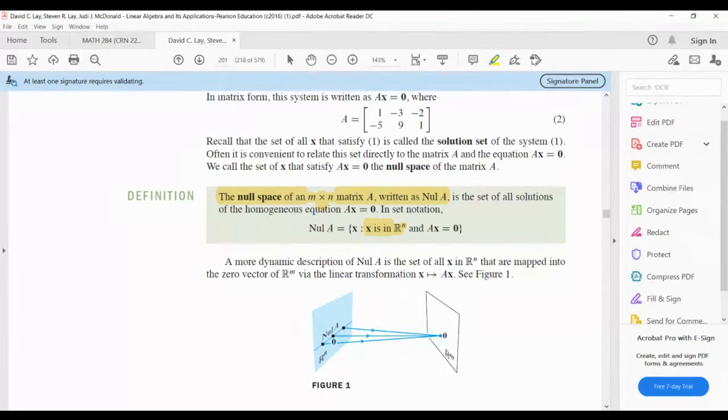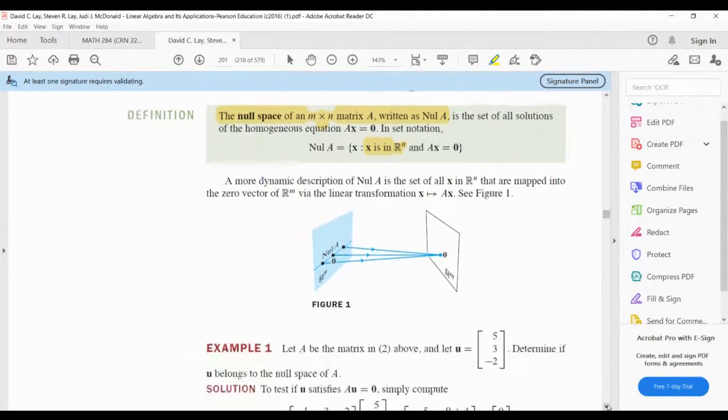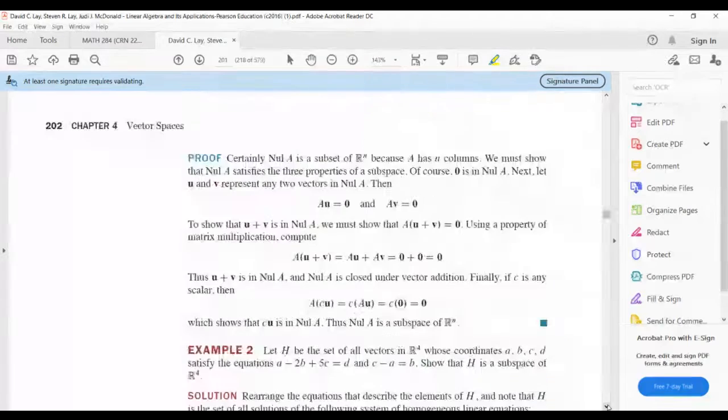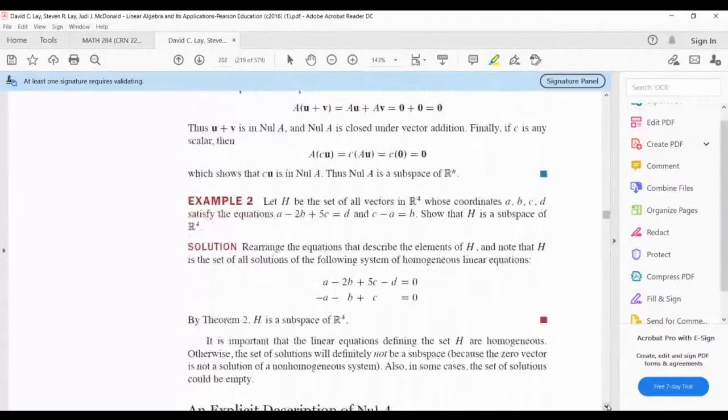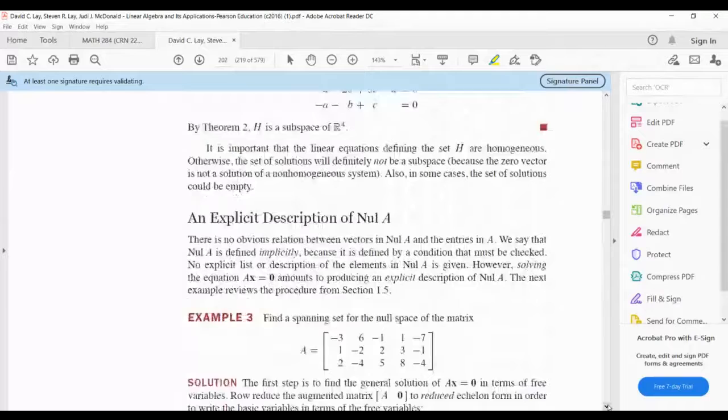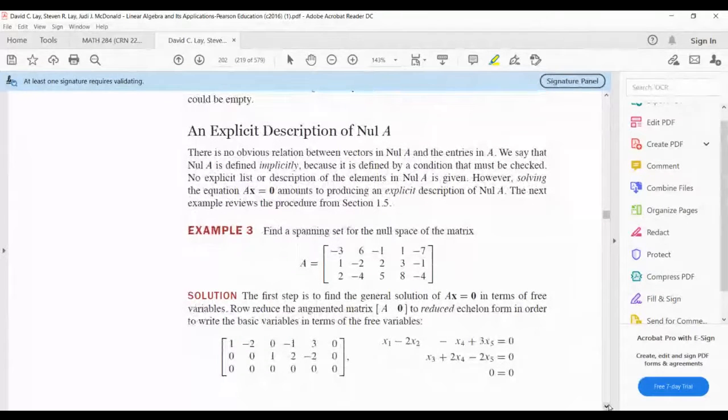Well, let's move on. Here is an explicit description of the null space of A. Here they say find a spanning set. This is example 3. Find a spanning set for the null space of this matrix.